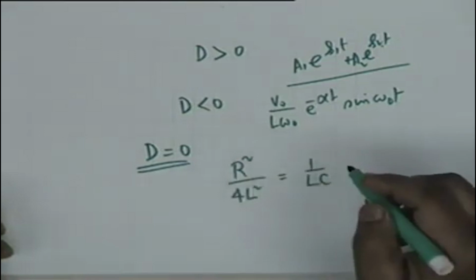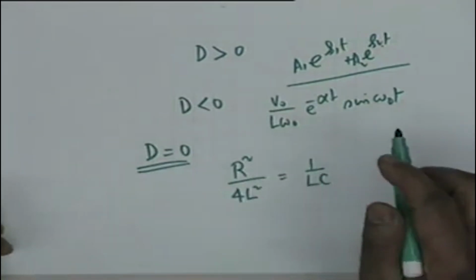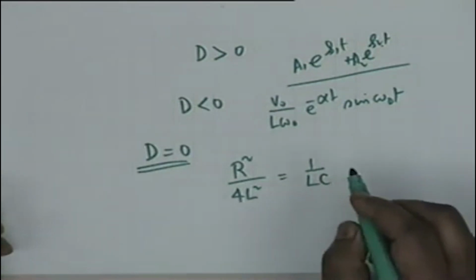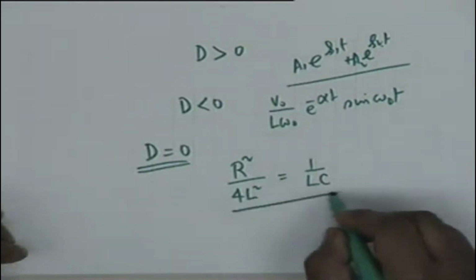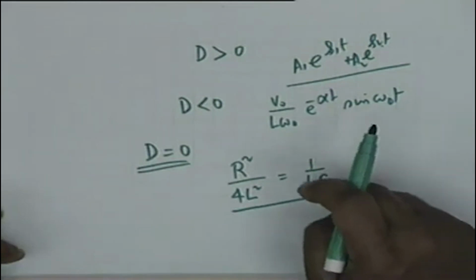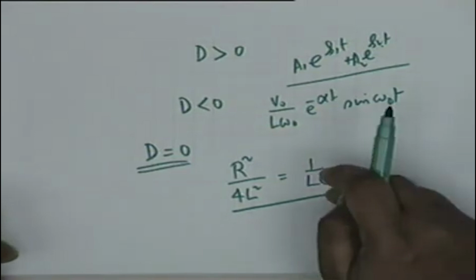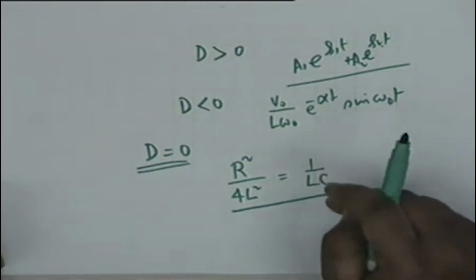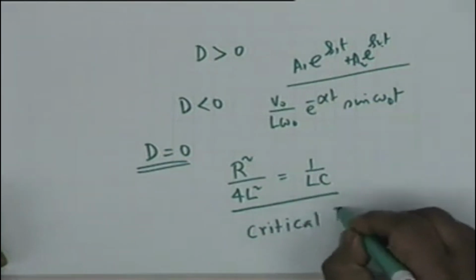This is a very special condition, and the value of the resistance R that satisfies this is called R critical. It is a critical value of resistance. If this equality becomes an inequality, there shall be either oscillations or no oscillations, and therefore this is a critical case, and this case is called the case of critical damping.